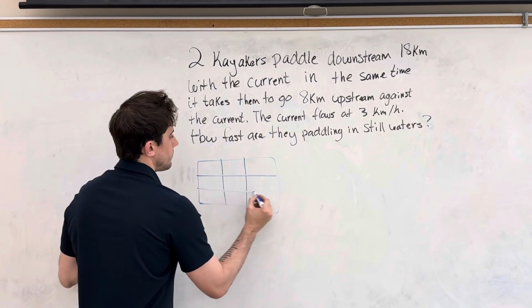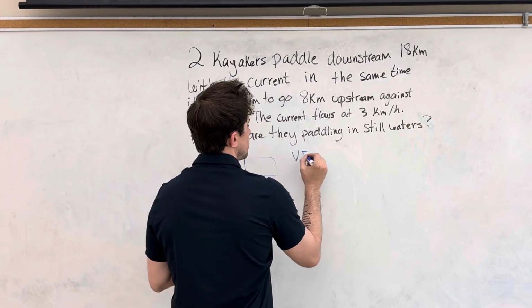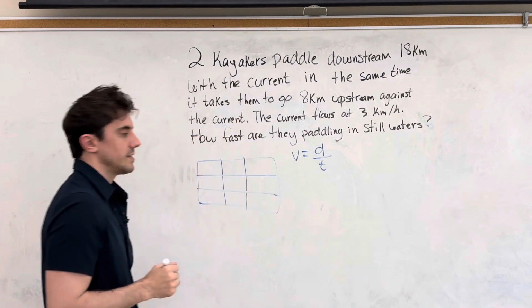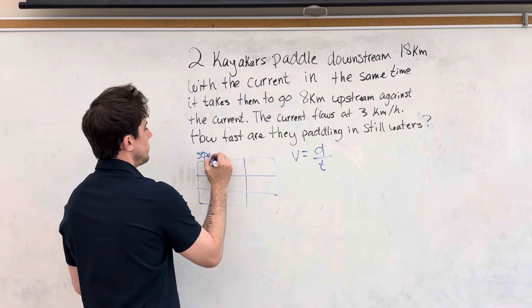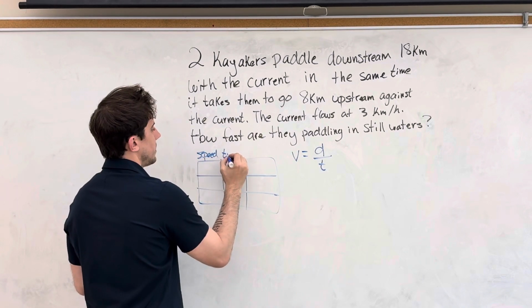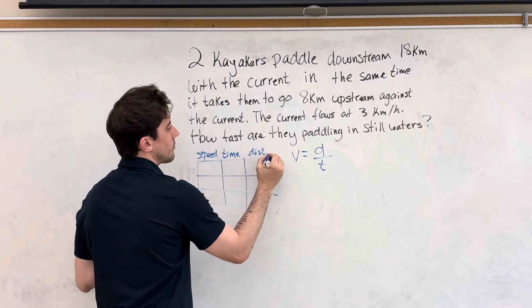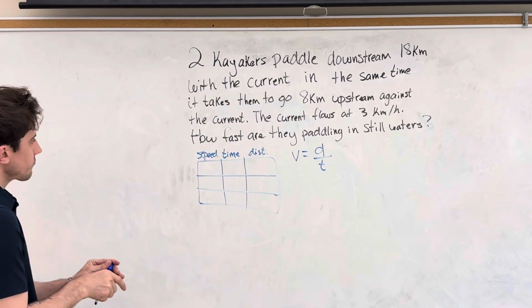We know, first of all, that speed, velocity, is measured as distance divided by time. And so we're going to make a table with speed, with time, and with distance. However you want to organize those three values, it's up to you.